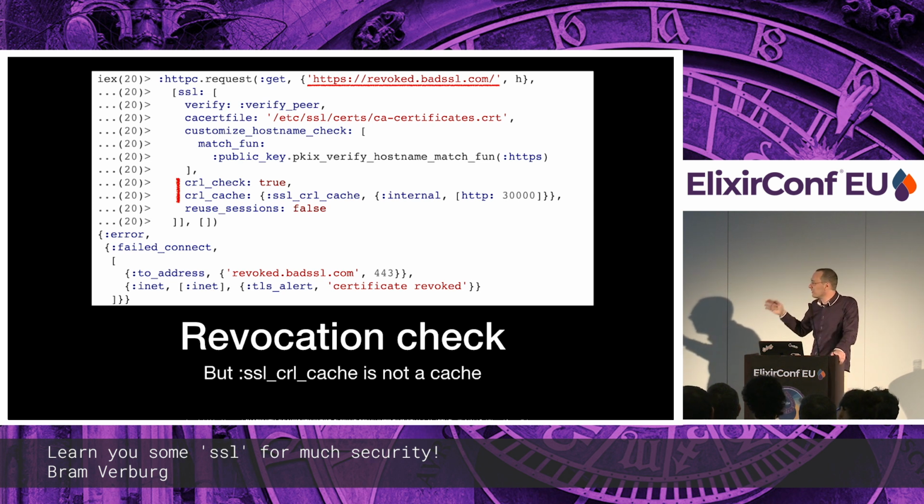So basically this means that every single TLS handshake that you're performing will make another connection and make an HTTP request, typically over TCP, not over TLS, to the certificate authority in order to fetch the latest CRL. And when it's done evaluating the CRL, it will just be discarded, and next time you'll have to fetch it again. So this has a performance impact. But for security critical applications, this is how you do certificate revocation checks.